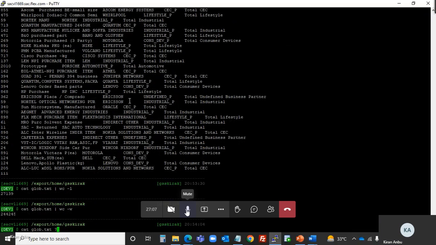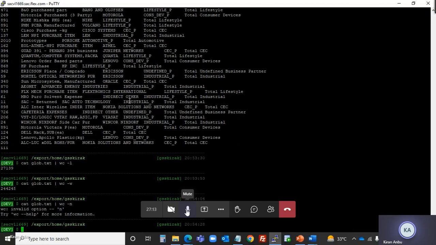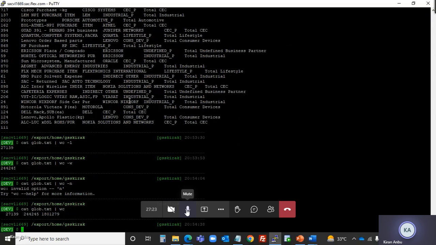And C means number of letters. So this is number of lines, this is number of words, and this is number of letters.